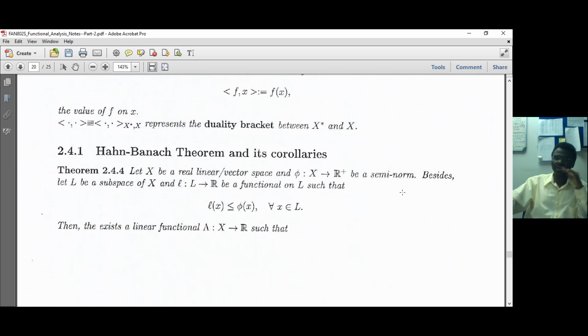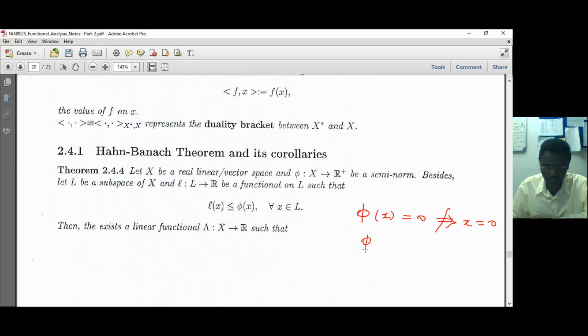In a semi-norm you don't necessarily have definiteness, meaning that if phi of x equals 0, I don't necessarily have x equal to 0.